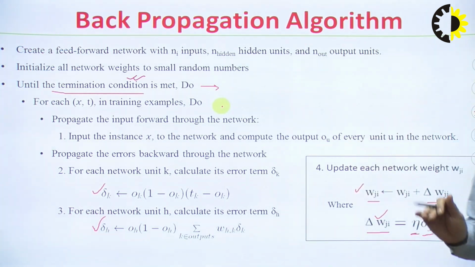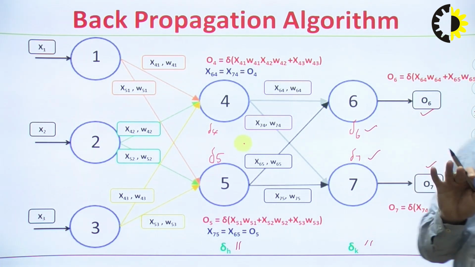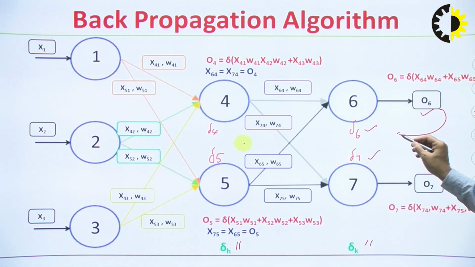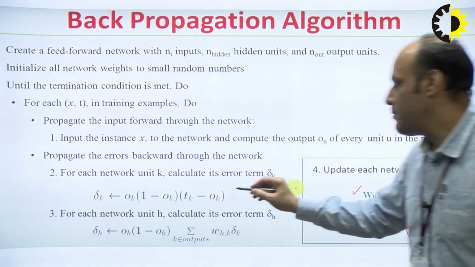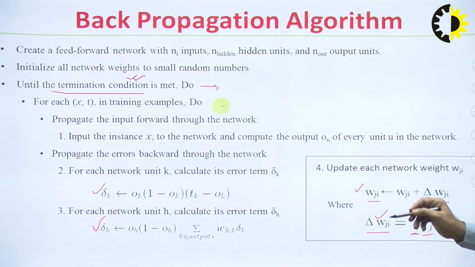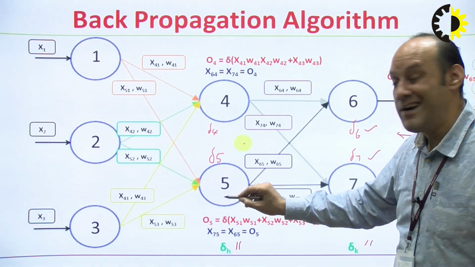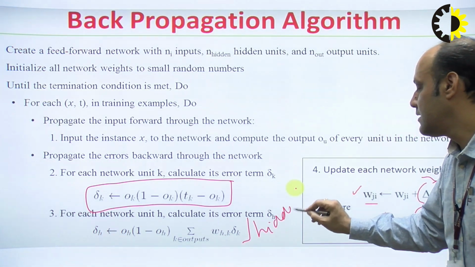My dear students, just keep in mind that we first calculate the outputs O6 and O7. First we find out whether the error is okay or not. Then we will backpropagate it. How will we backpropagate it? The output unit error will be calculated using this equation, and the hidden unit error will be calculated using this equation.